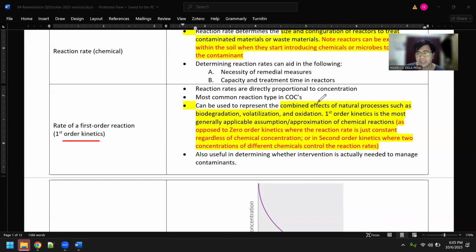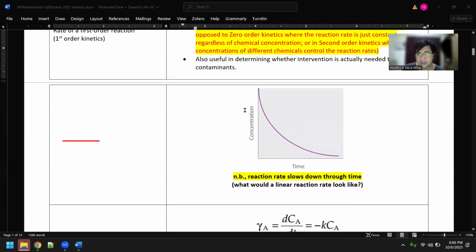Okay. This is similar to HCl. Like in the start, when you drop HCl acid on your limestone, you will get a very strong or vigorous reaction because you still have a large concentration of HCl, and it will eventually slow down, exponentially slow down over time as your HCl concentration reduces. Okay?